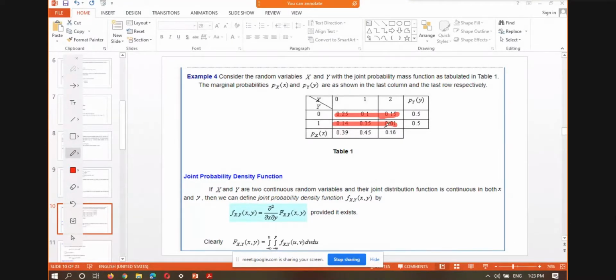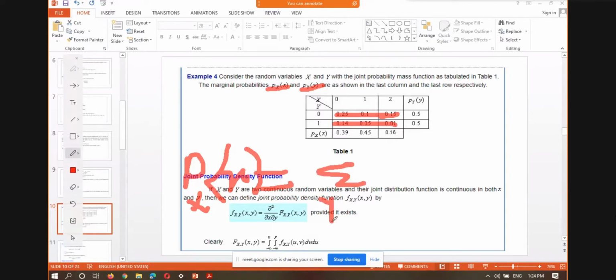Now, if I want to calculate the marginal probability mass function pX(x) or pY(y), so if you remember the formula, pX(x) is equal to the summation over y.